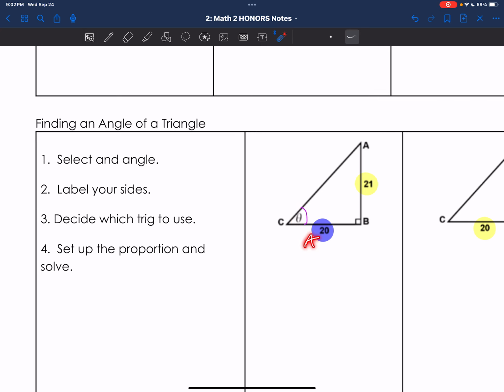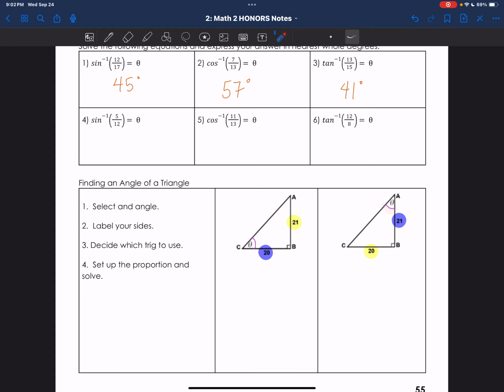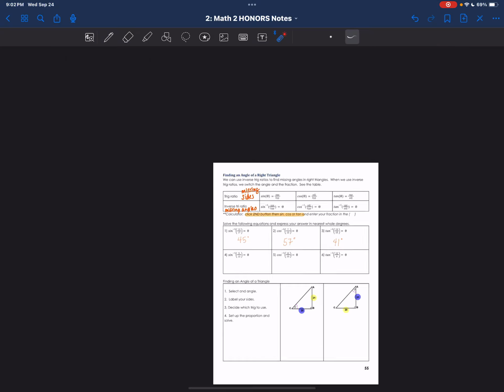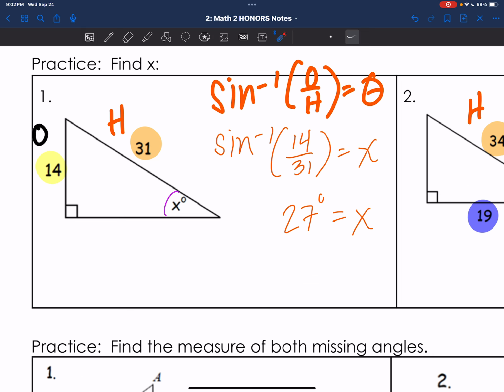All right, so to find your angle, select the angle. And I know this is adjacent and this is opposite. Or if I were to use this angle, this is adjacent and this is opposite. So it just depends on which proportion you want to use. So let's look here for this first one. Since this is across, it's opposite. Hypotenuse is always going to be the hypotenuse.